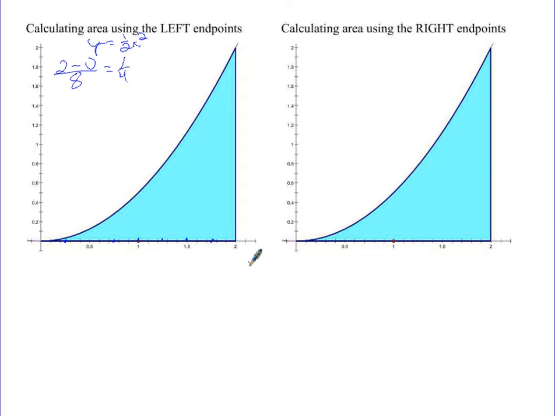Using left endpoints, I'm going to change color so we can see it more easily. From 0, we're going to go up nowhere, and then come over, and then down. From here, 0.25, over and down. From 0.5, up, over, and down, and so on. You get the idea, but I'm just going to draw these in here anyway.